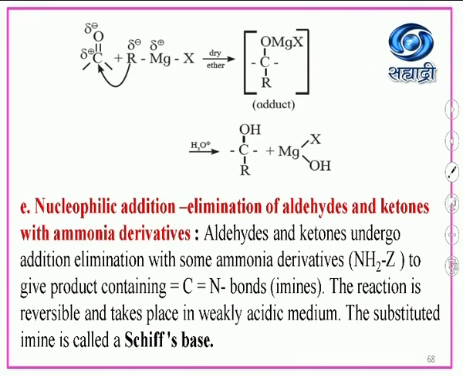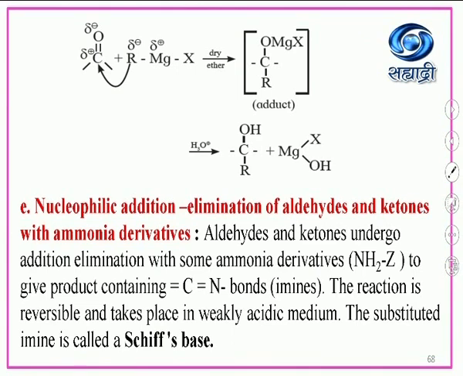When it is treated with dry ether, you will get CH3 OMgBr. On acid hydrolysis you will get CH3 and OH plus Mg, Br and OH. The name of this alcohol is tertiary butyl alcohol.